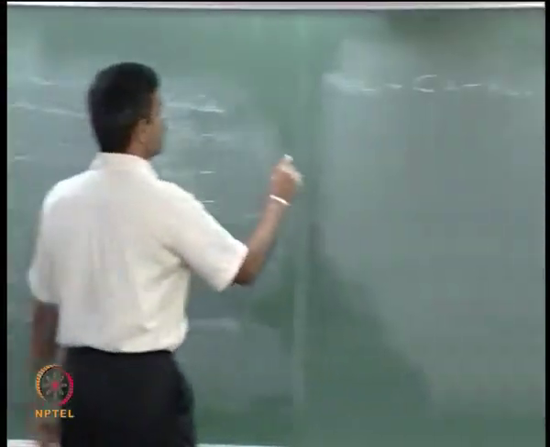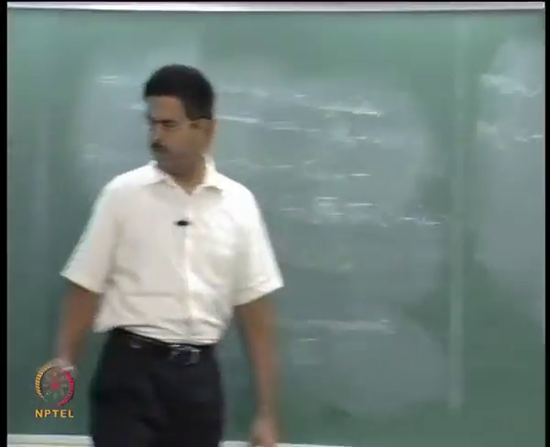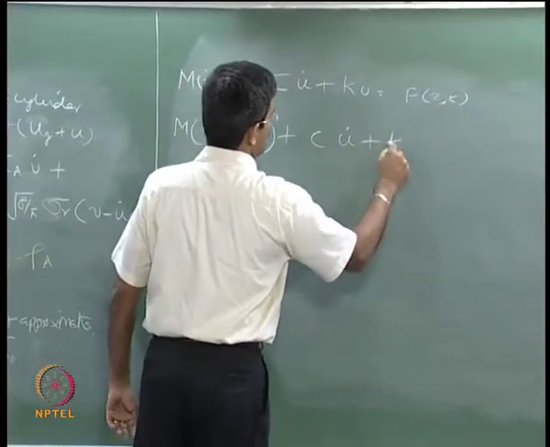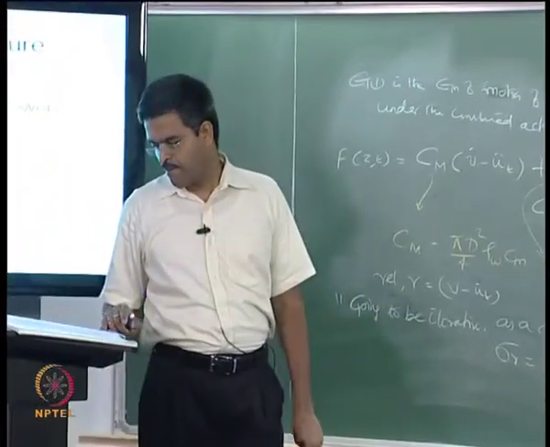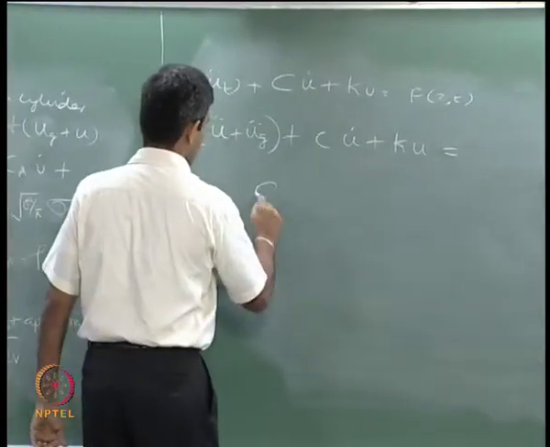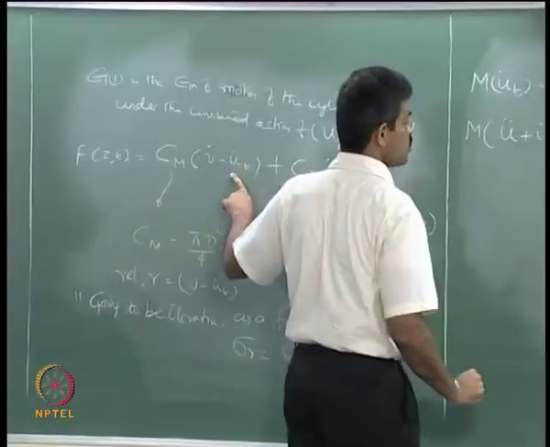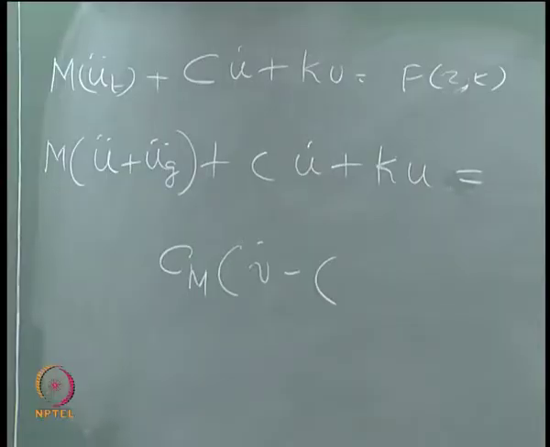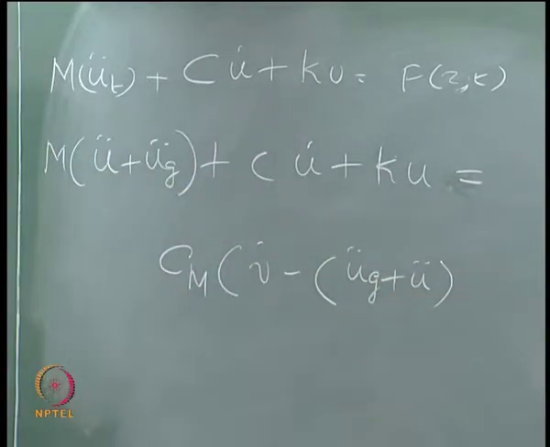I am saying this as M u double dot plus u double dot of g plus C u dot plus K u is equal to Cm v minus of u total, u double dot total, which is the ground displacement acceleration plus the cylinder acceleration.